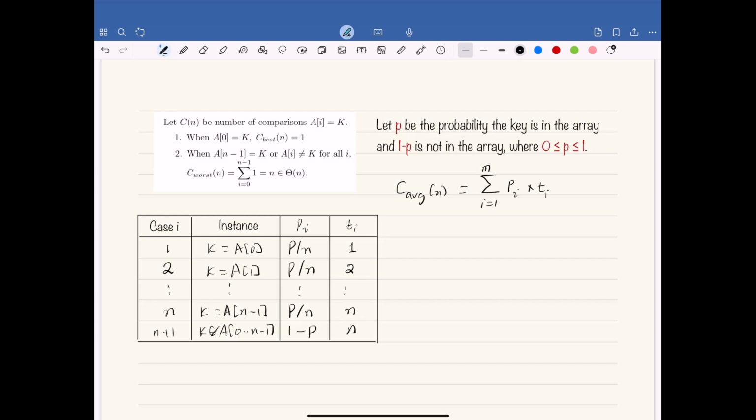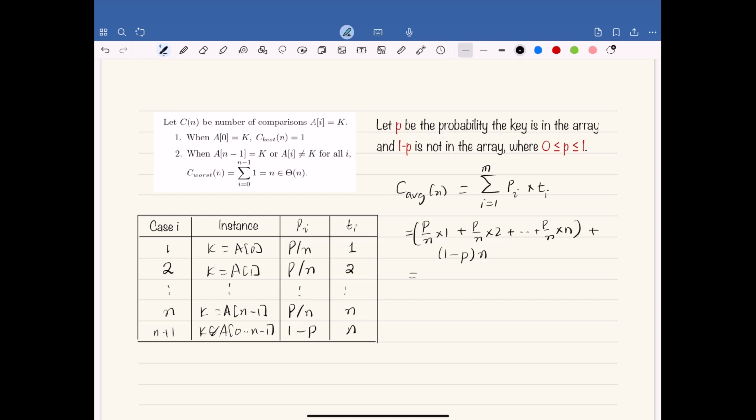So let us write the product for p_i and t_i for each case. This will be equal to p over n multiplied by 1, plus p over n multiplied by 2, until the last case, p over n multiplied by n. In these cases when the key is in the array, plus the case that the key is not in the array. And this is equal to the probability 1 minus p multiplied by the number of comparisons, which is equal to n.